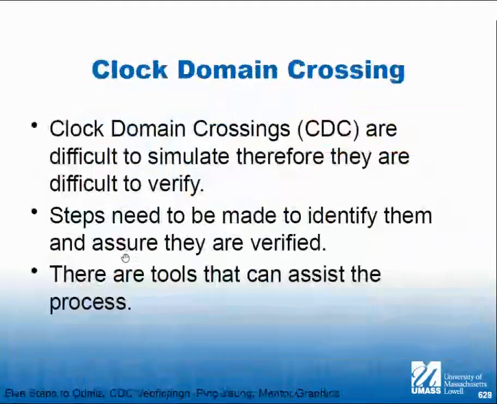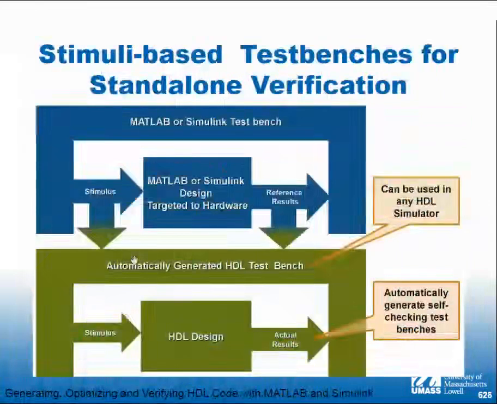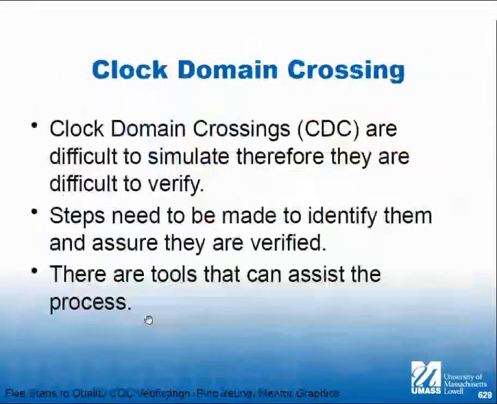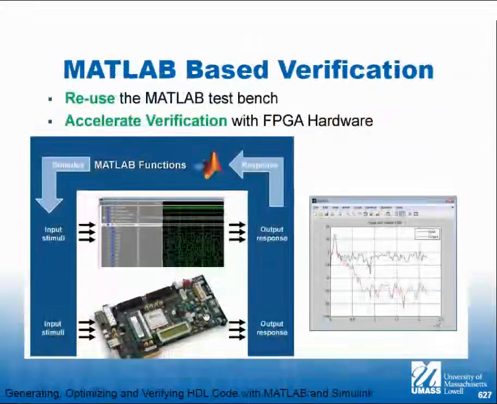This one, oops, sorry, which is right here, and this one, sorry, I keep flipping back, which is right here. So just think of these as alternate paths. This is the same in both, right? The stimulus generation and the response checking. Now, obviously, there's some details that are different right at the interfaces, but you're getting the same results.